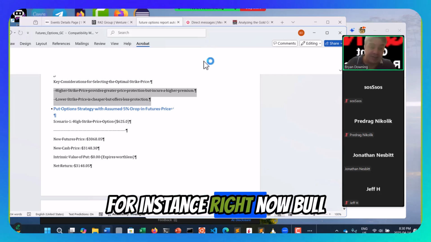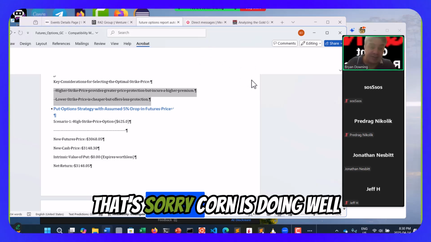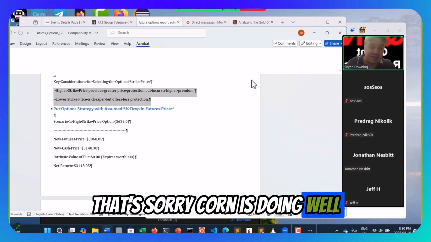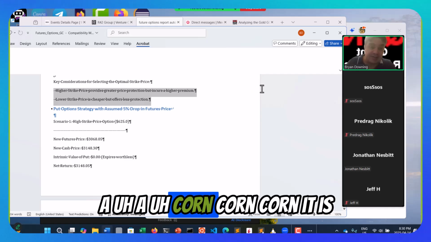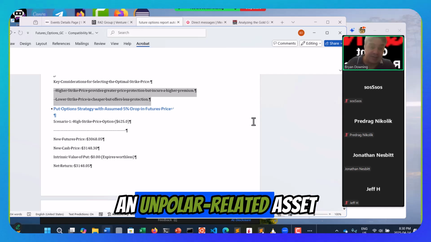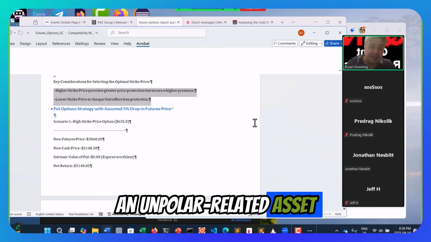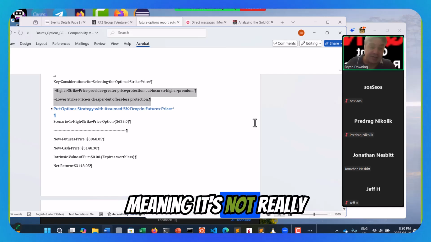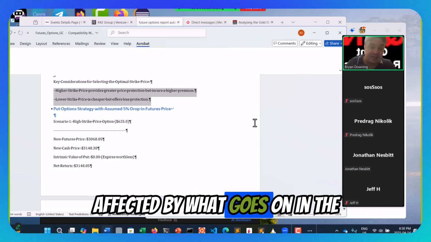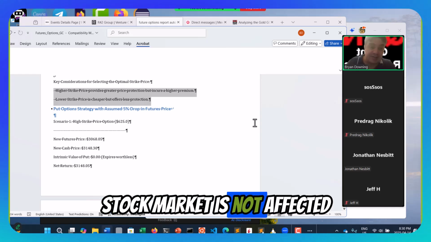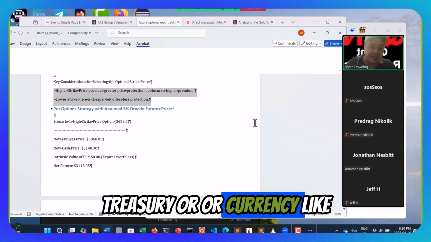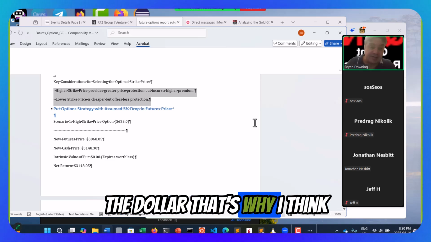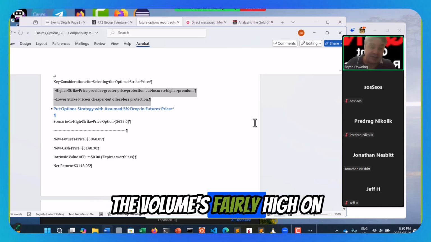For instance, right now corn is doing well because corn is an uncorrelated asset, meaning it's not really affected by what goes on in the stock market, or by what's happening in treasuries or currency like the dollar. That's why I think the volume's fairly high on that one.